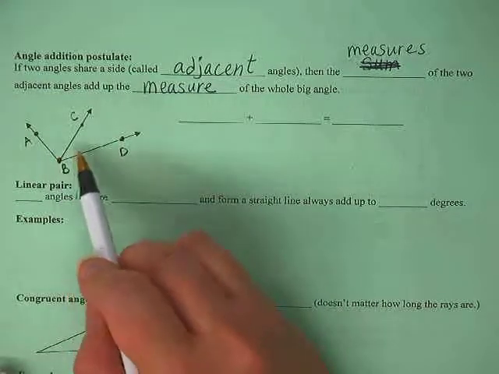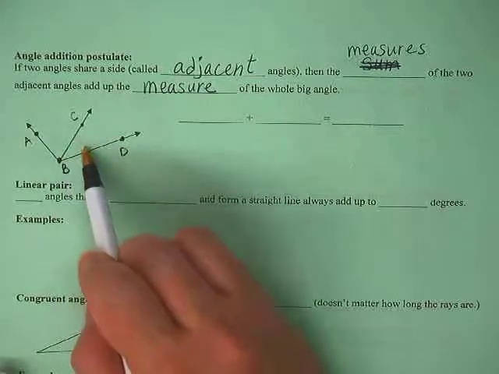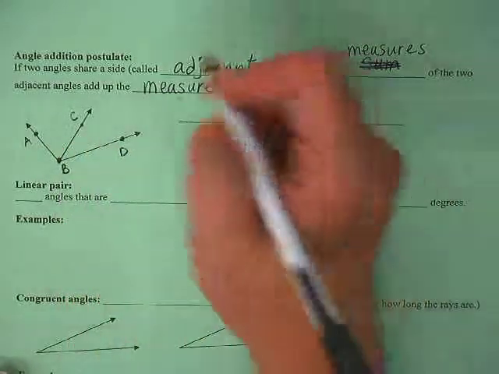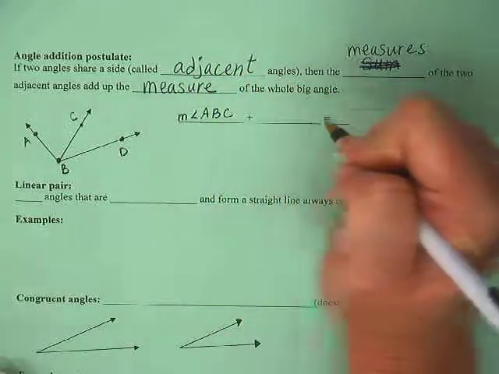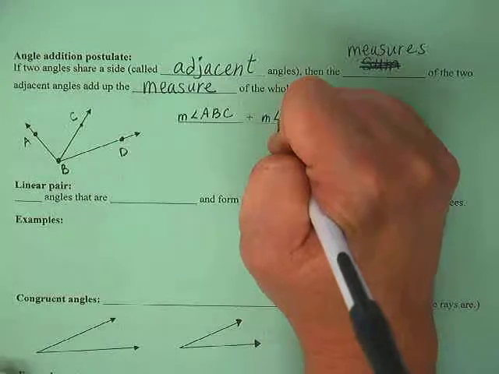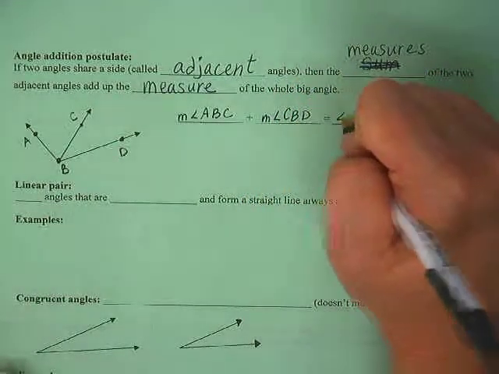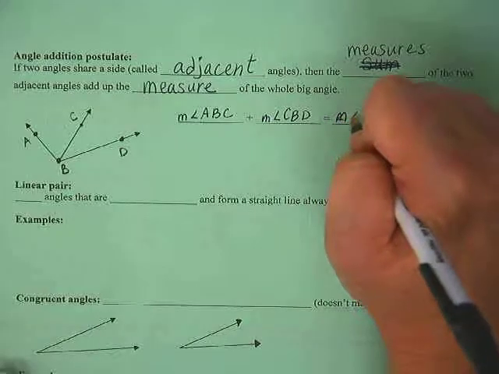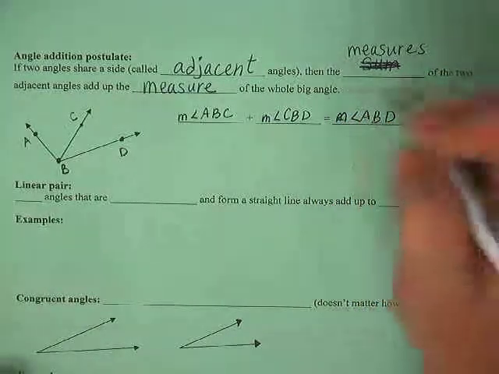So this little measurement here plus this little measurement here will add up to this entire measurement here. Okay? So the measurement of angle ABC plus the measurement of angle CBD will add up to the measurement, M, of ABD.